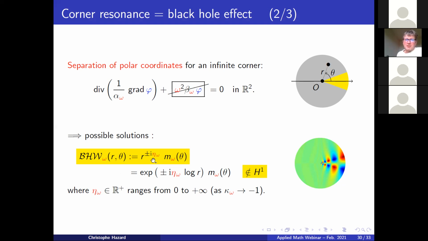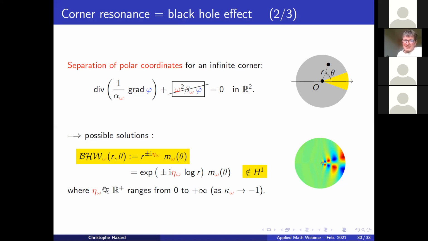But what is important here is the dependence with respect to r. And if I write it as an exponential, you see that when r tends to 0, this function becomes more and more oscillating.